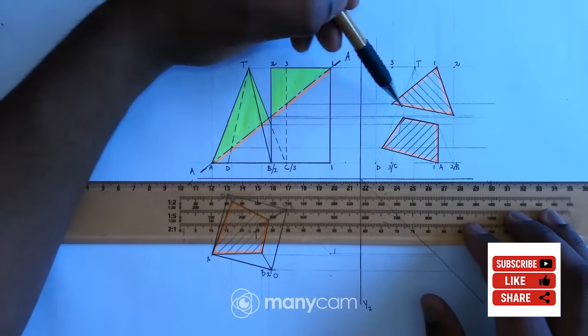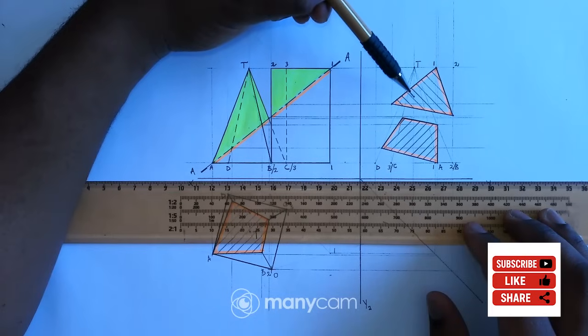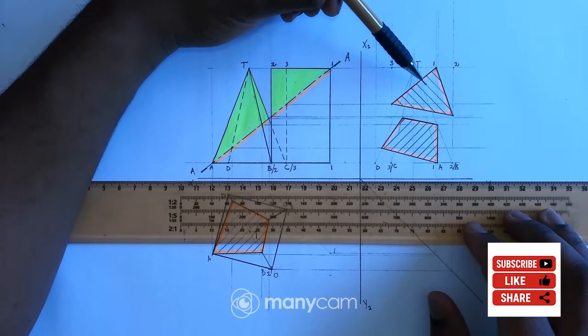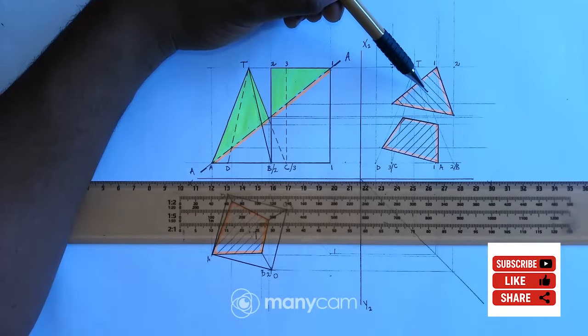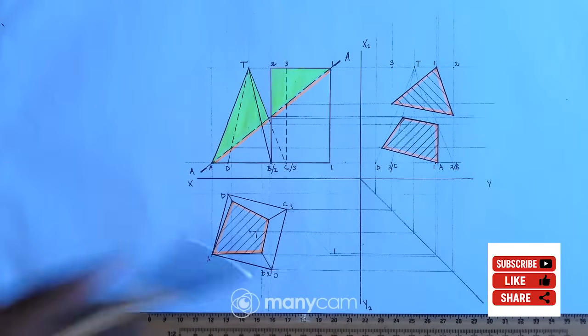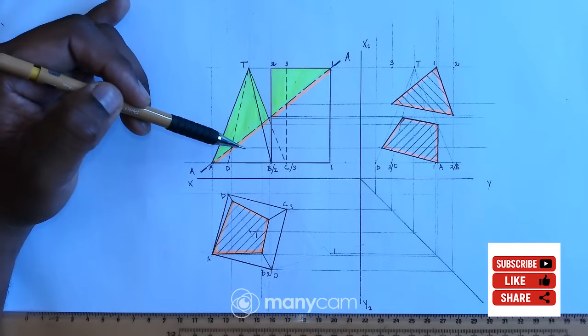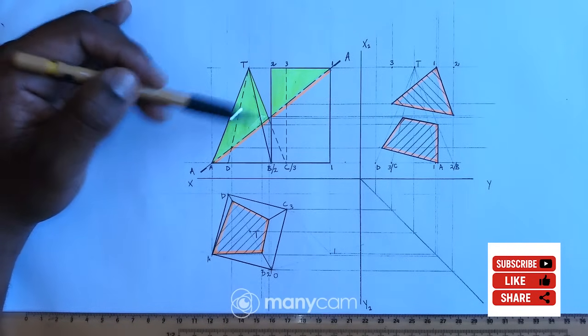Okay, so this is my cut surface for the prism. So as you can see, the hatching lines are in the opposite direction. Why? Because these are 2 different solids. Okay, so now obviously I'm not done. I have to draw in the remaining parts.